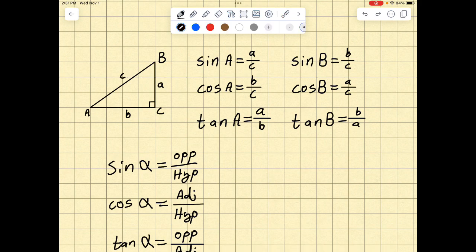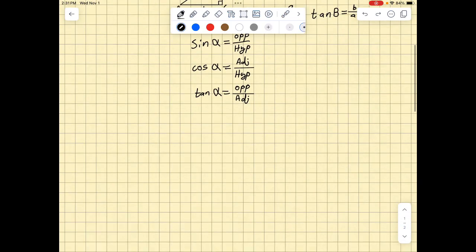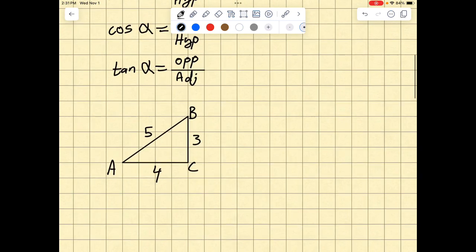Let's take a look at a triangle with some numbers in there as an example. If I create a triangle that has 3 units here, 4 units here, and 5 units here, with A, B, and C. Even without knowing the angles themselves, I know that the sine of angle A must be the opposite over the hypotenuse, so 3 over 5.